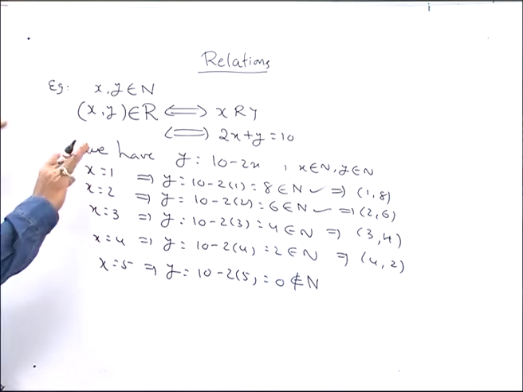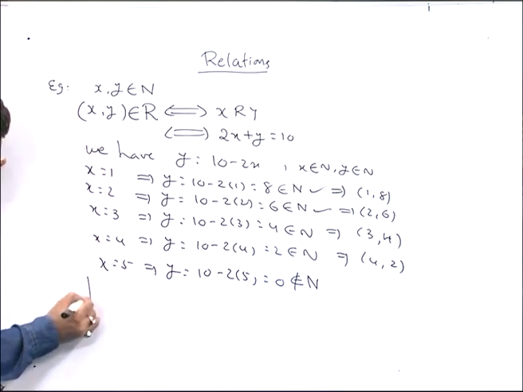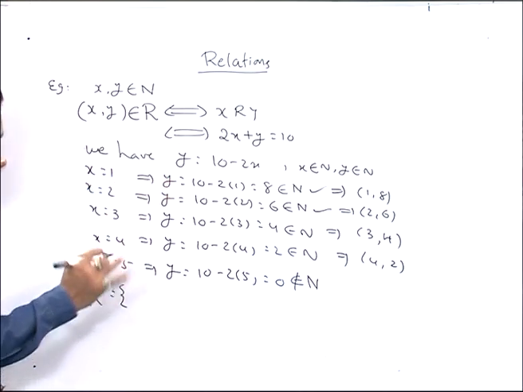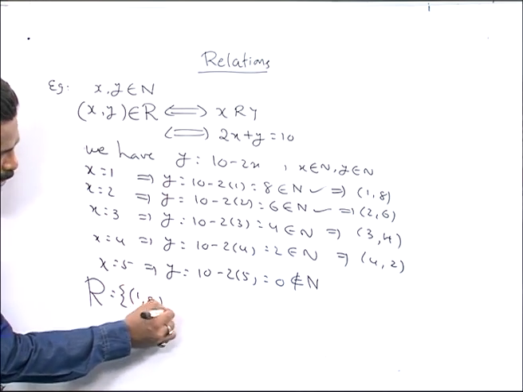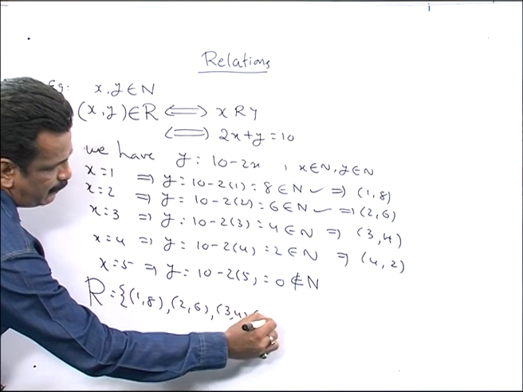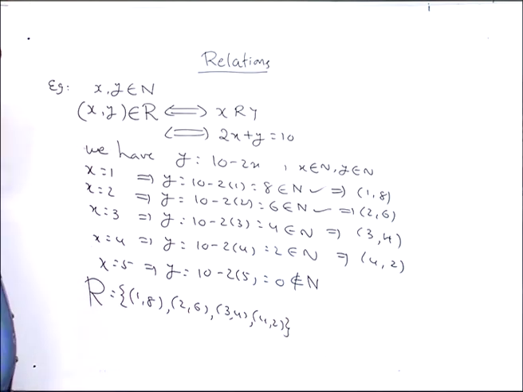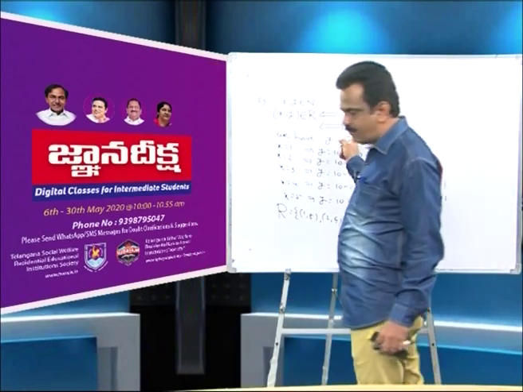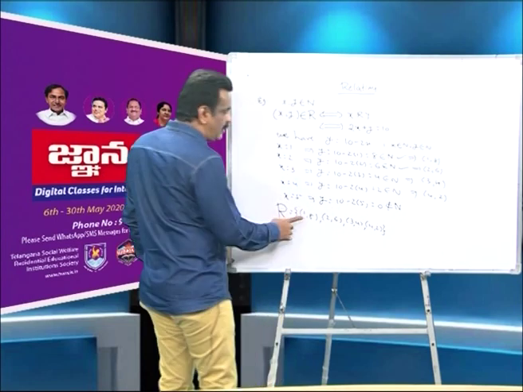So only these 4 ordered pairs we got. We can now define the relation, given in set builder form, in roster form. It has the ordered pairs 1 comma 8, 2 comma 6, 3 comma 4, and 4 comma 2. See here, the first version we call set builder form, and the second version we call roster form.